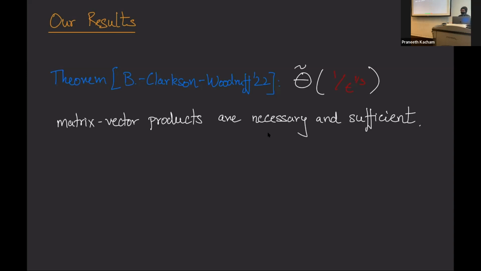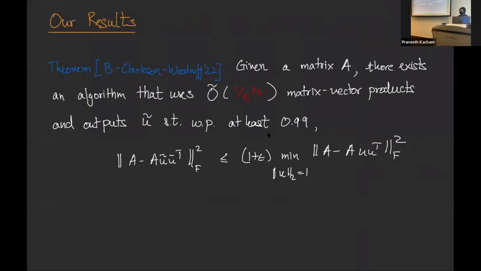Let me flesh this claim out a bit more. This is going to be a randomized algorithm. It's going to get the guarantee where you output u tilde, which is a 1 plus epsilon approximation to opt. You only use O tilde of 1 over cube root epsilon matrix vector products.